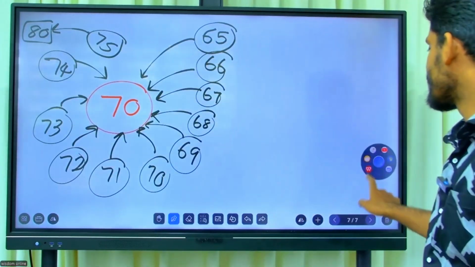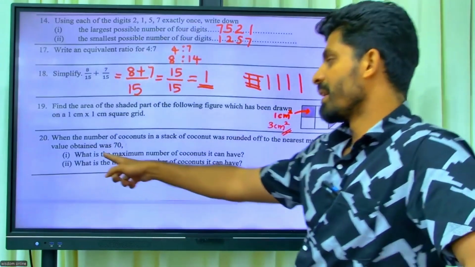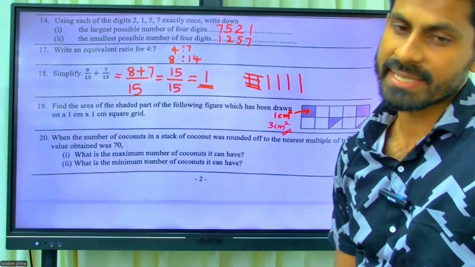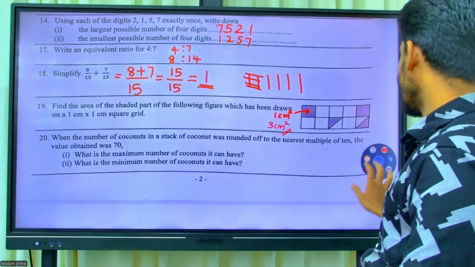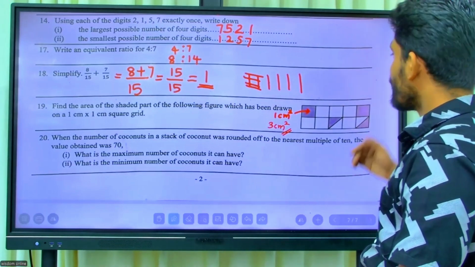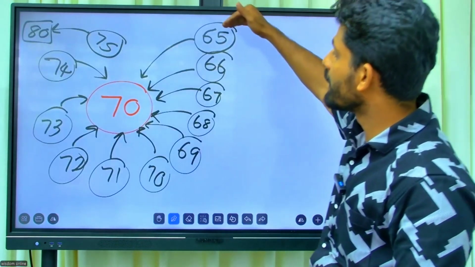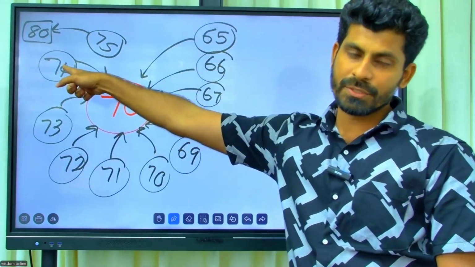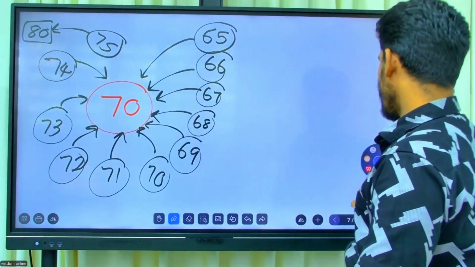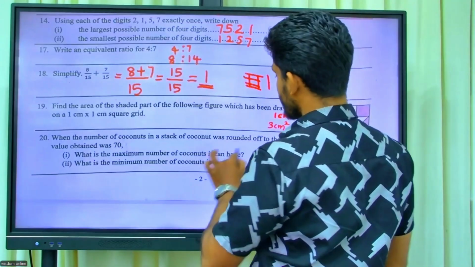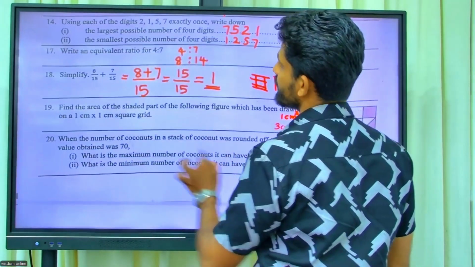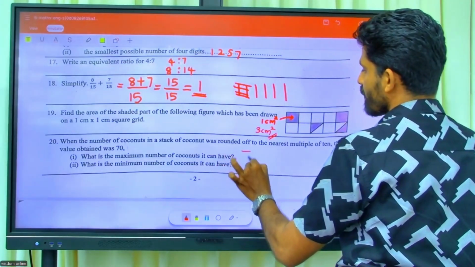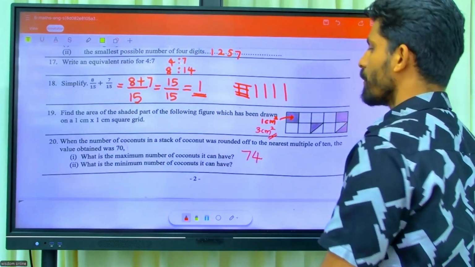So what are the questions they are asking? Find the maximum number of coconuts it can have. The maximum number of coconuts can be 74.